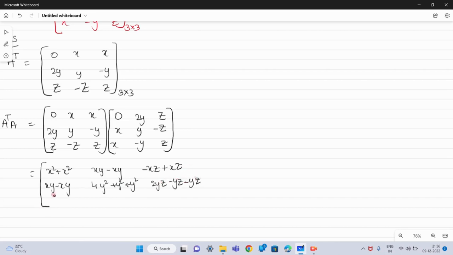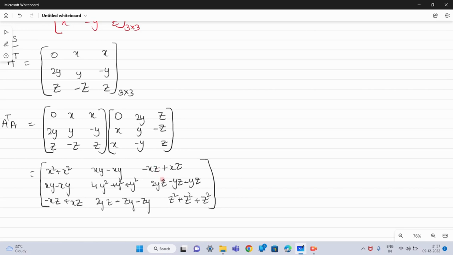Third row with first column, minus xz plus xz, and with this 2yz minus zy minus zy. Again with this, z square plus z square plus z square.